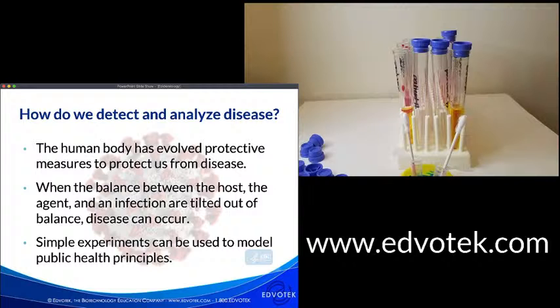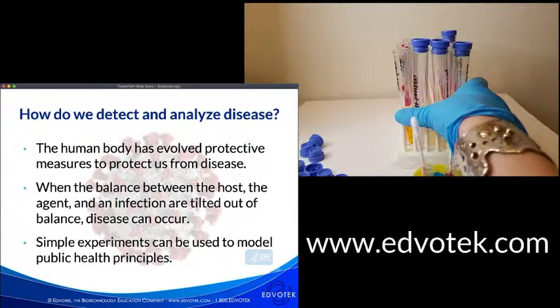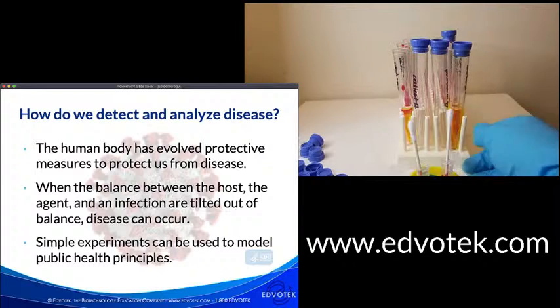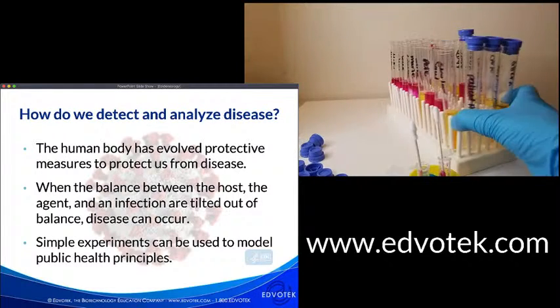So just to summarize, in this workshop, we talked about how we detect and analyze the spread of disease. Our immune system is a big way that we can prevent disease. The human body over time has evolved protective measures to protect us from disease. This comes from the impermeable barrier that is our skin, to our immune system, both the innate and the adaptive immune system.